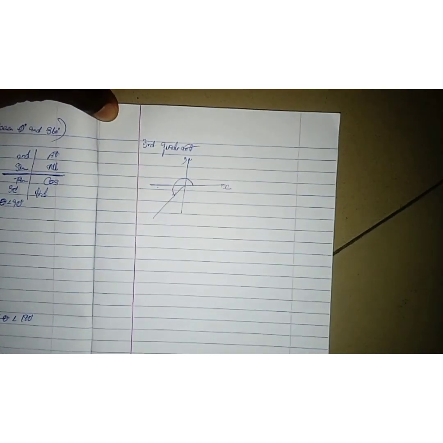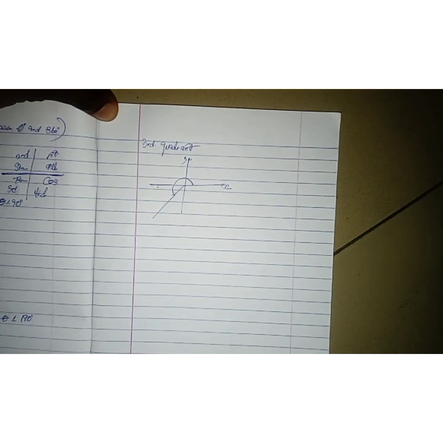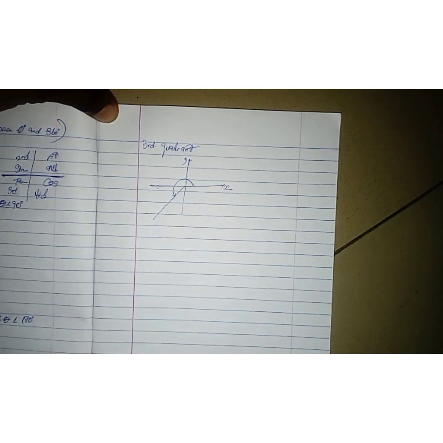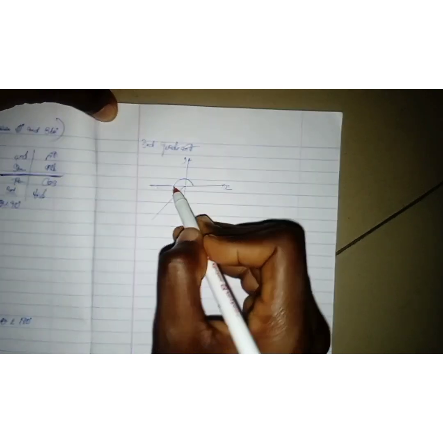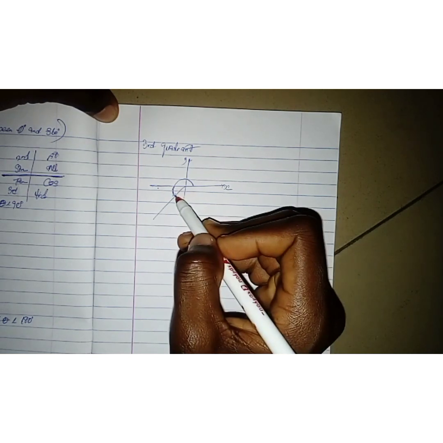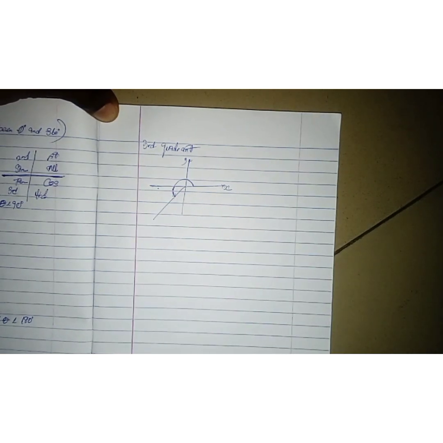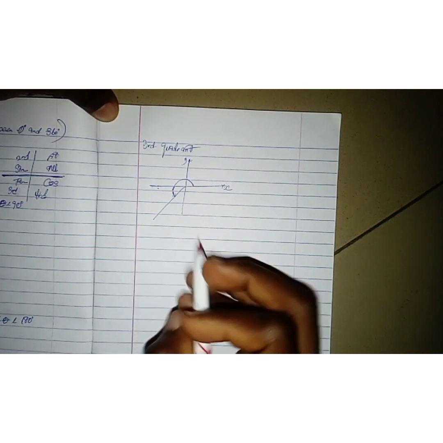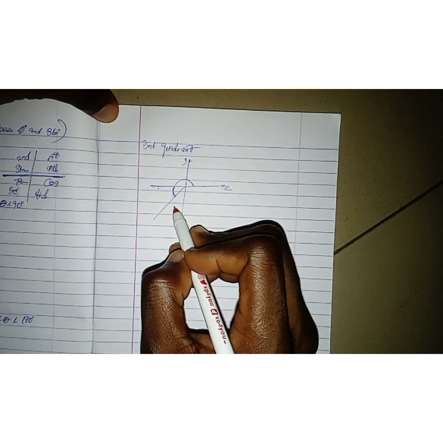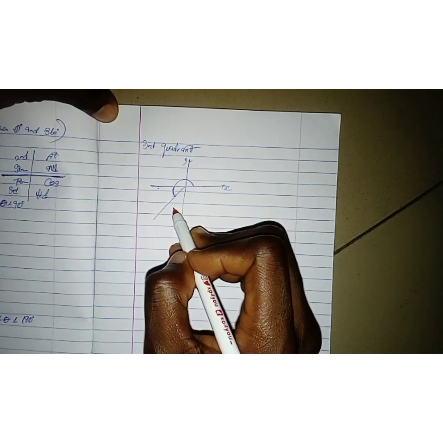If you should notice, I looked for the angle here that is touching the horizontal, not this one that is touching the vertical. So this one touching the horizontal is what we will look for at the third quadrant. And at the third quadrant, only tan theta is positive.